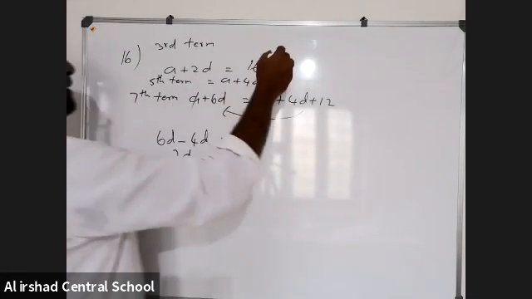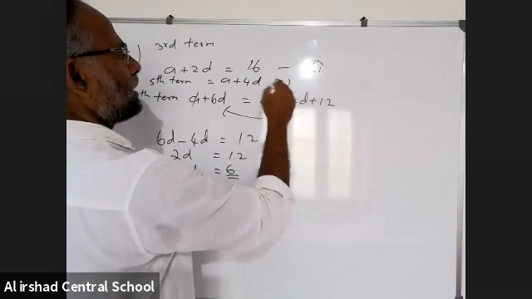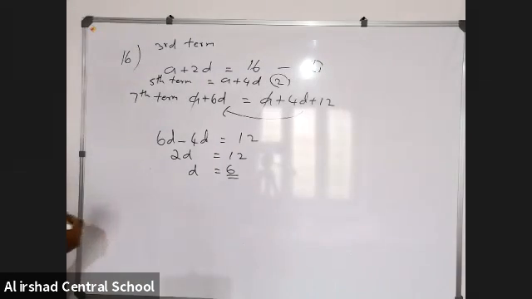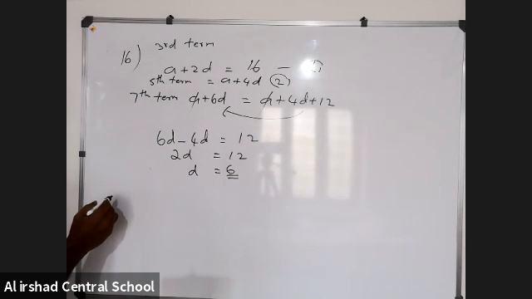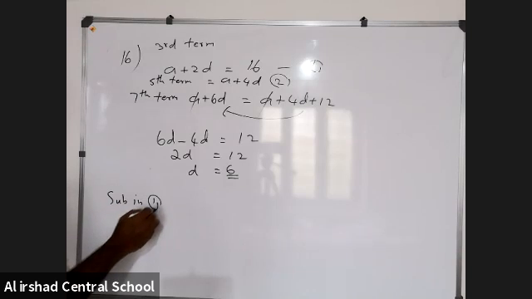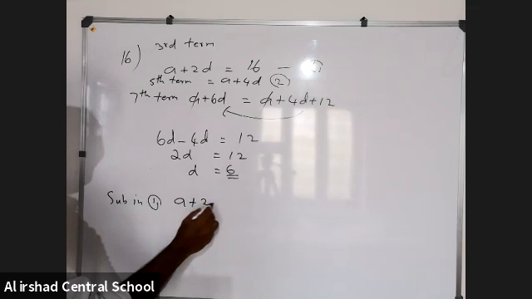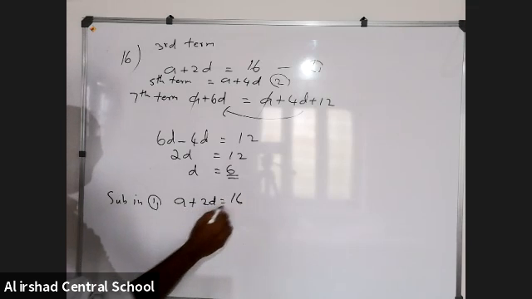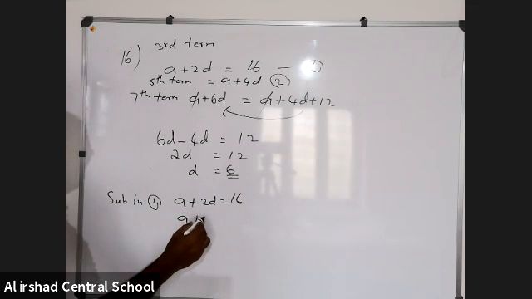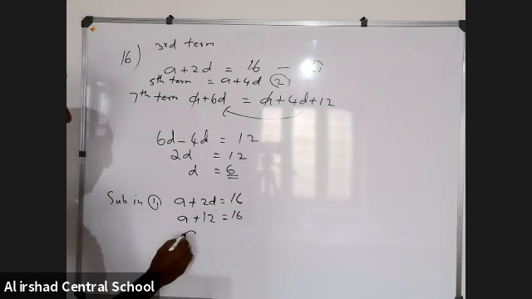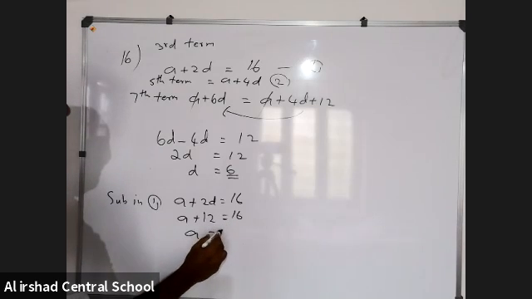We have the equation here, anywhere you can substitute. Substitute in equation 1: a plus 2d is equal to 16. a plus 2 into 6, that is 12, is equal to 16. a is equal to 16 minus 12, that is 4, as Naja informed.